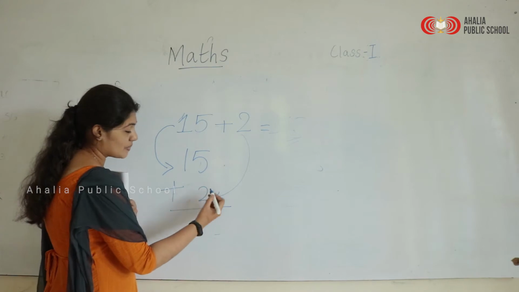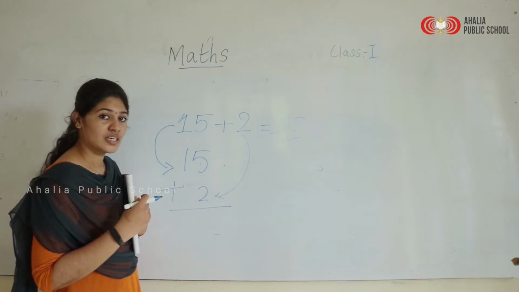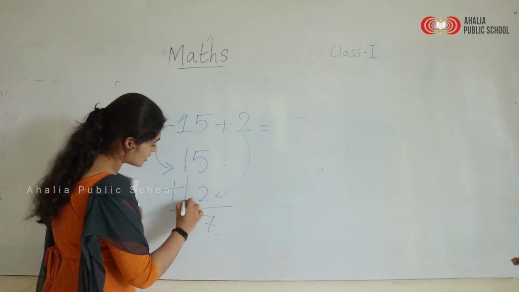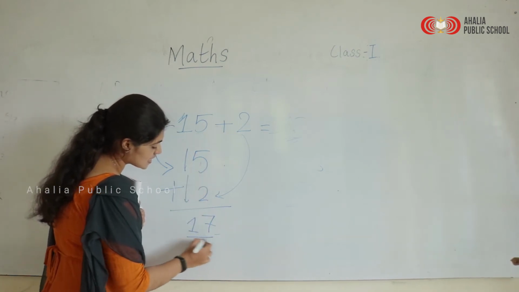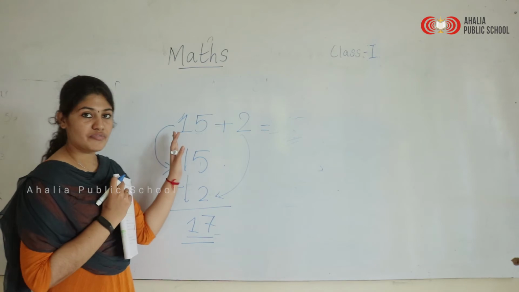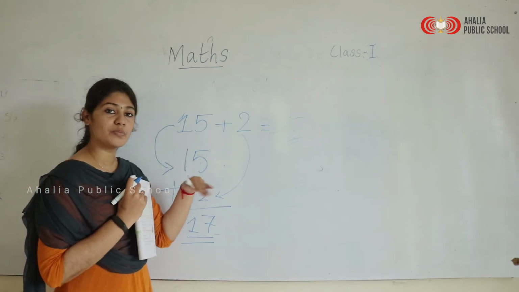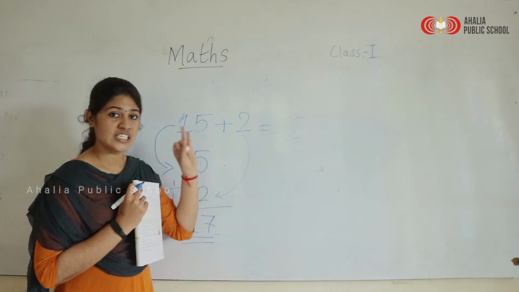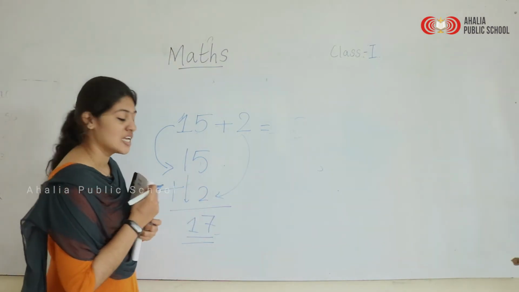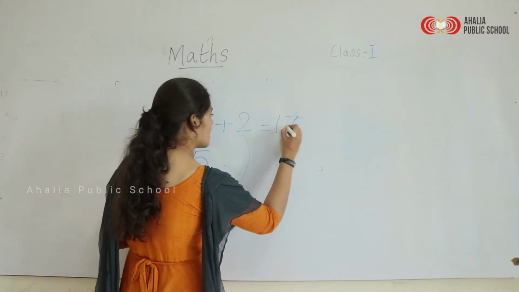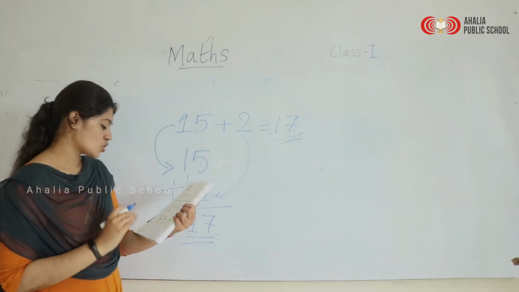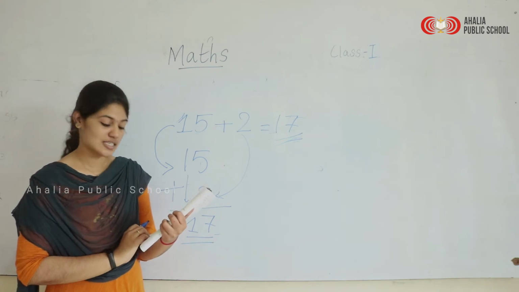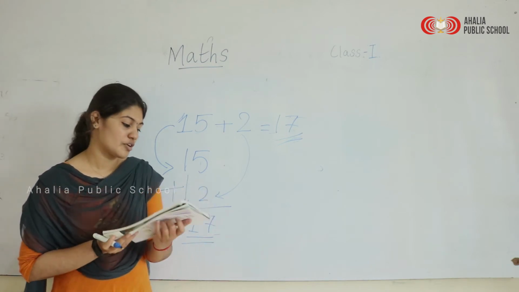Adding that, 5 plus 2 is, after 5, 6, 7. 7 and writing this 1 down, we get the number 17. And from 15, when we count 2 numbers forward, the number after 15 is 16, 17. So the number is 17. Clear? So on page number 26, you are having some more exercises. Please try doing on your own.